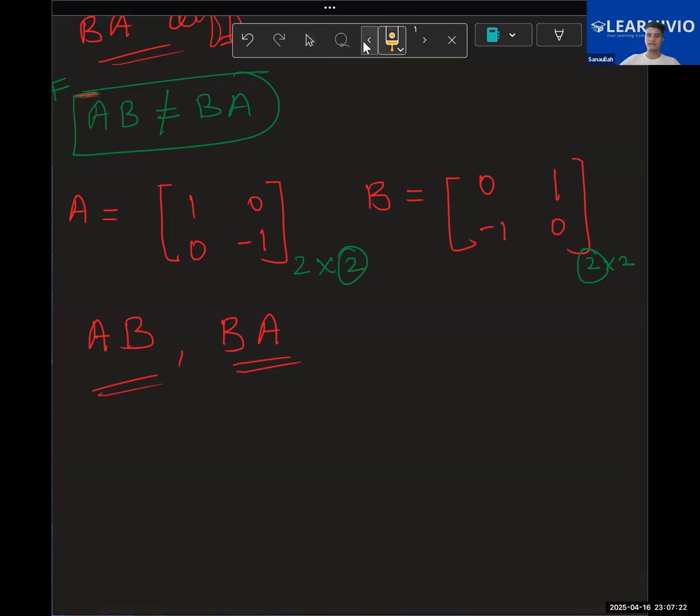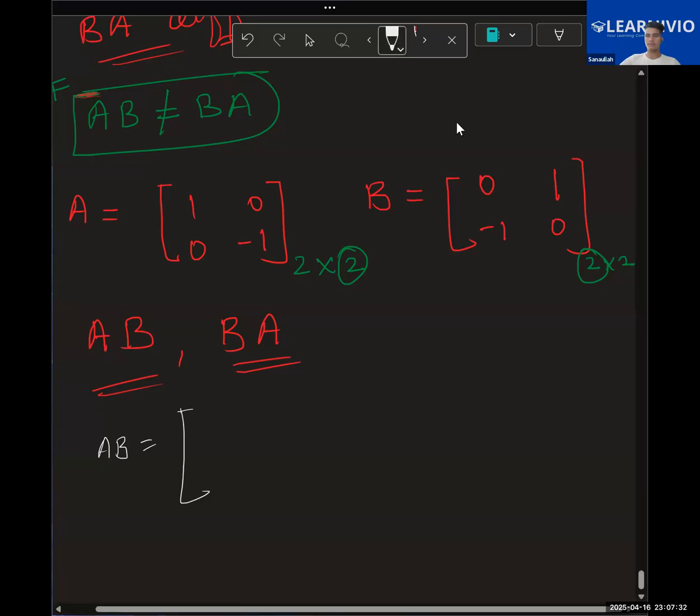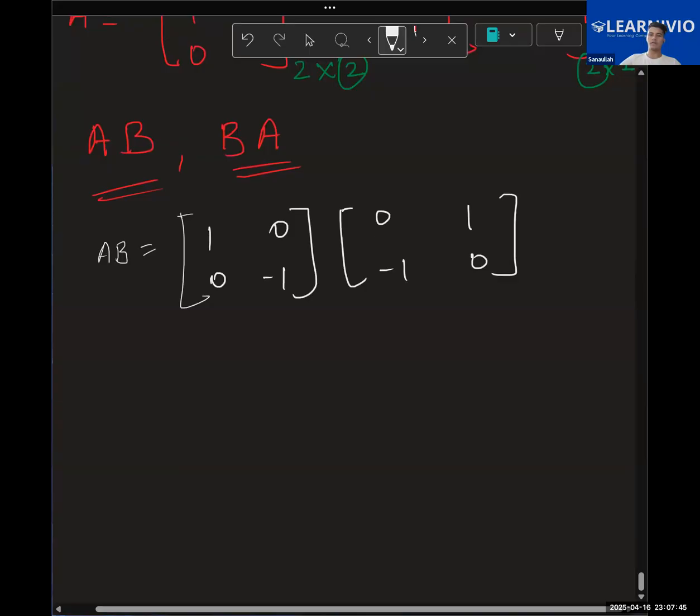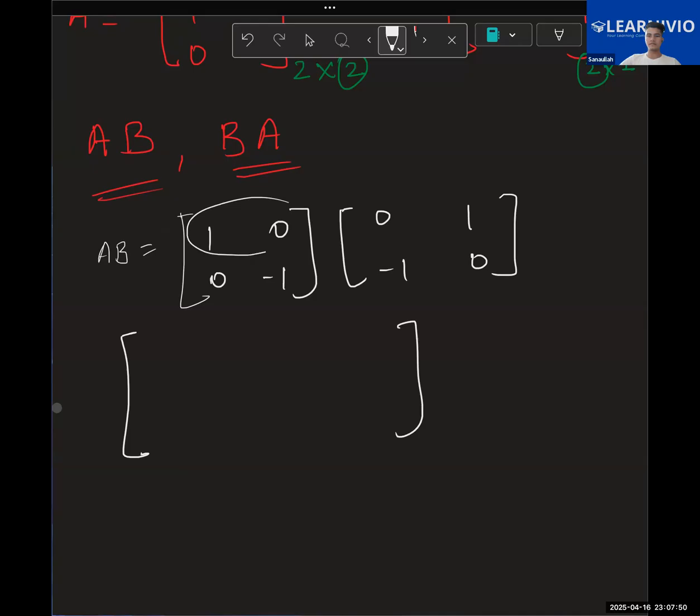See, this is AB, and A = [1 0; 0 -1] and B = [0 1; -1 0]. इसको जब आप मल्टीप्लाई करोगे तो this and this: 1 into 0 is 0 and 0 into minus 1 is 0. So this is 0.